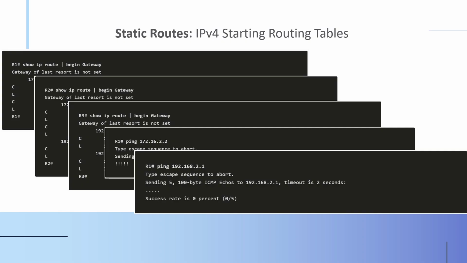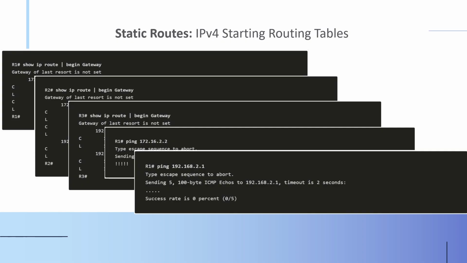Because router 1 knows its directly connected networks and can communicate with the devices in each of them. But for router 1, router 3 is a remote network, and it cannot communicate with it because there is no route in the routing table that shows how to reach router 3.